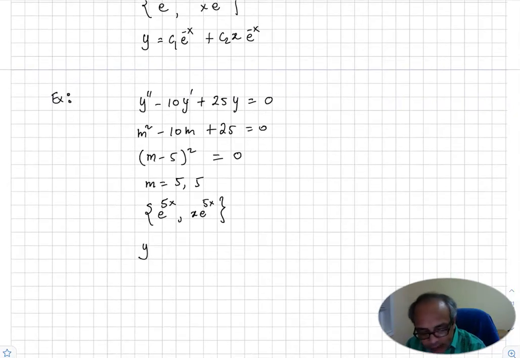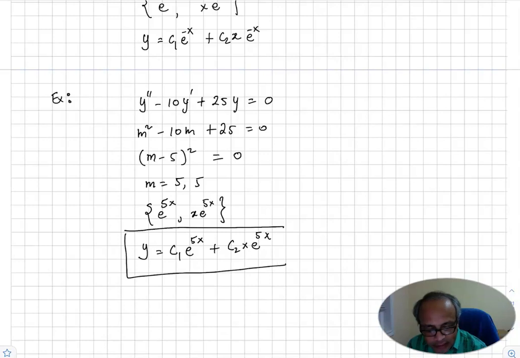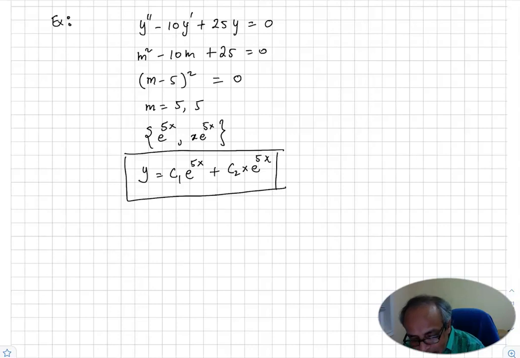Then you write down the general solution c1 e to the power 5x plus c2 x times e to the power 5x, and be careful, don't forget to multiply one of them by x. Okay, so another easy example, just to make sure that we are on the right page.